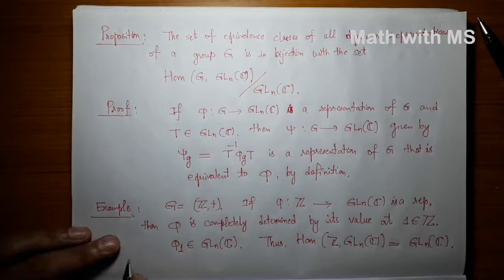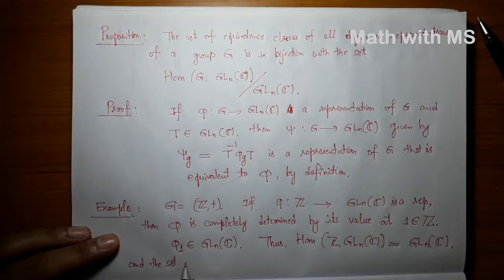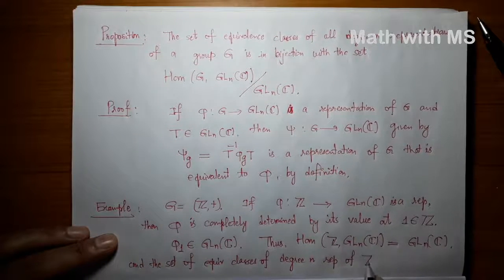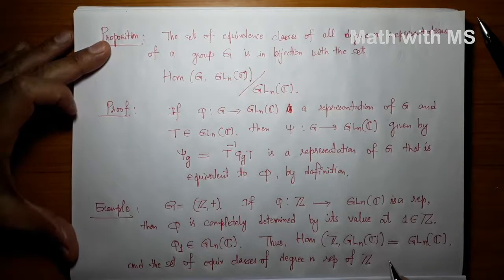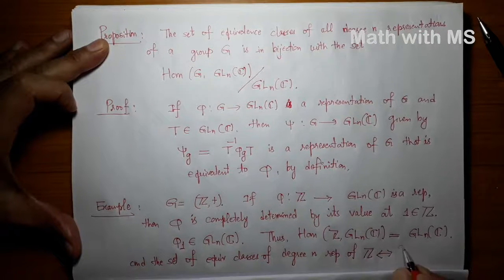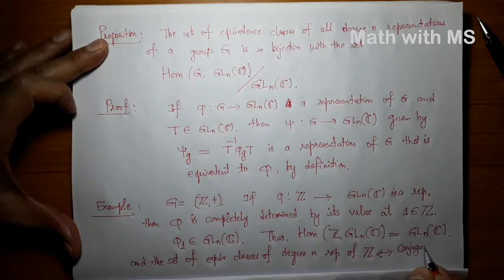So the set of equivalence classes of degree n representations of the additive group of integers is in bijection with conjugacy classes in GLnC.